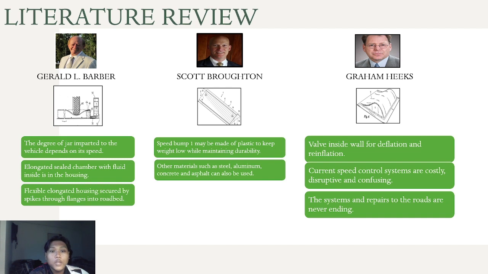An elongated steel chamber with fluid inside is the housing of the fluid, a flexible elongated housing secured by spike to flanges into the road head. This is a good patent for our team to develop our concept and product.